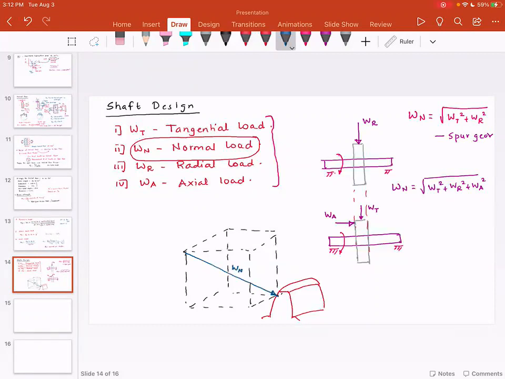Now, if you look at the component of Wn, now I want to show you the component of Wn. This is a component of Wn. And you have another component of Wn, which is over here.